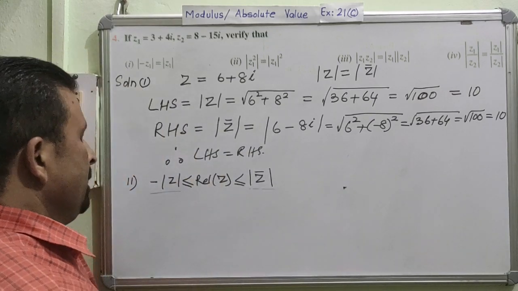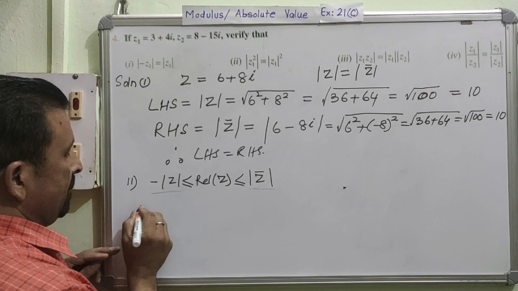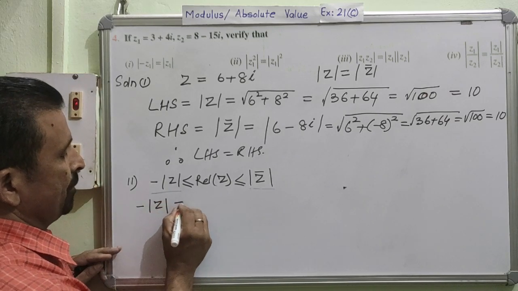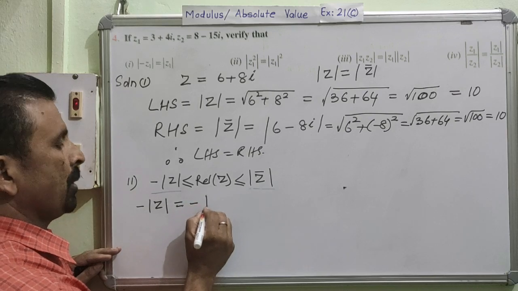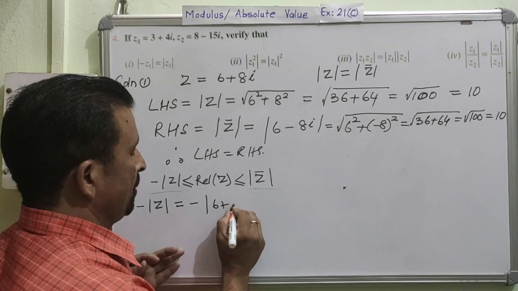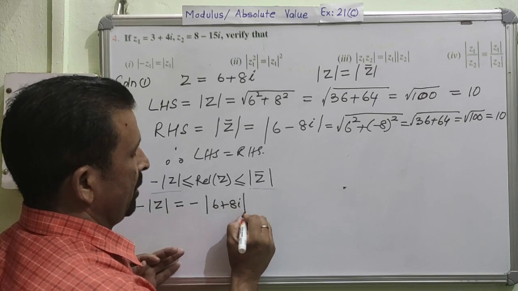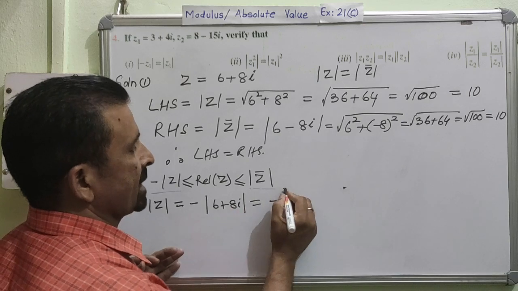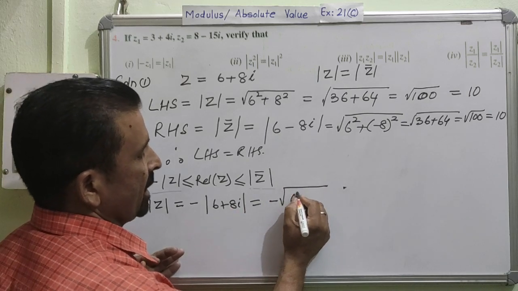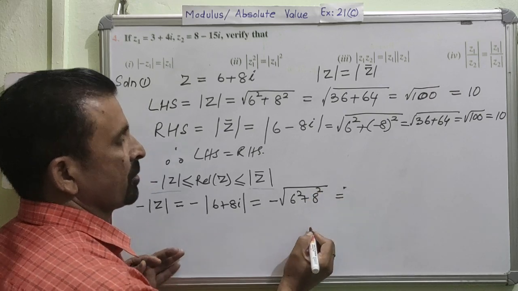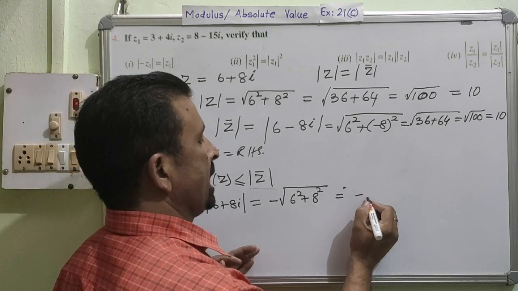Okay. So first of all, we are calculating negative of mod of z. Negative mod of z, and z is 6 plus 8i. Now this is the minus sign, and then the modulus of this 6 plus 8i is calculated as 6 square plus 8 square, with the minus sign as it is.